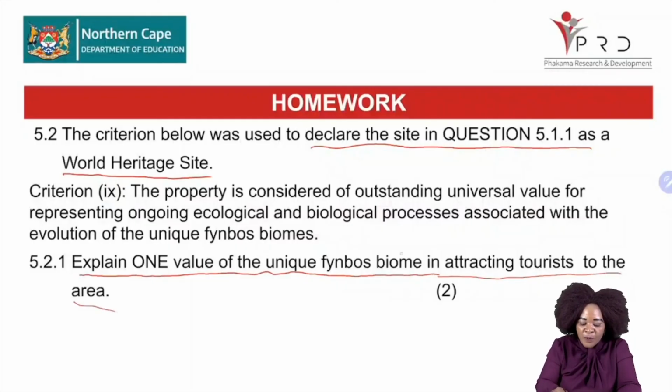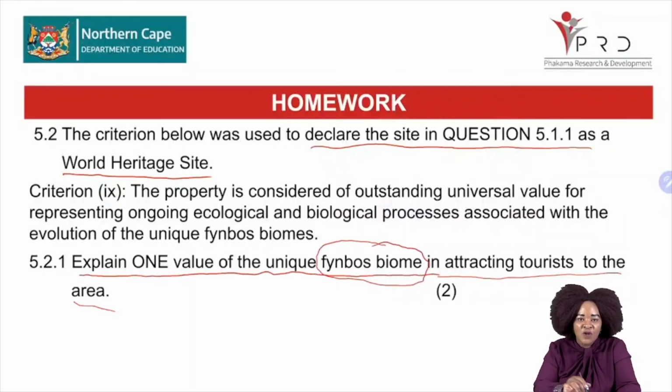Remember, when we're talking of this fynbos biome, we're talking about something that can only grow in this province. So if it can only grow in this province, what is the value? It is unique. You can imagine, it is unique. It cannot be found anywhere. So as unique as it is, now you need to explain the value of the unique fynbos in attracting tourists to the area.